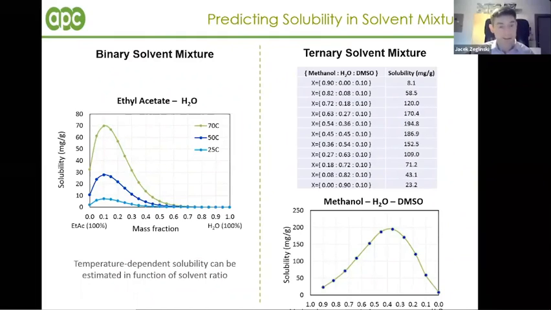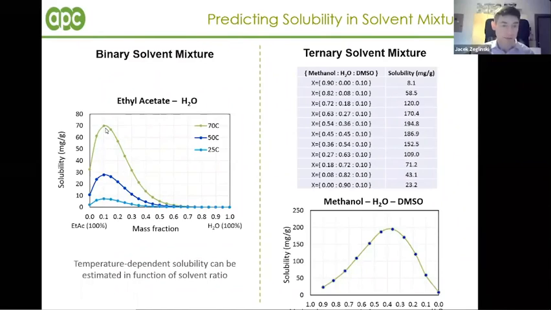And then I'm showing an example of a binary solvent mixture on the left-hand side. And here we can see the solubility is predicted for the mixture of ethyl acetate and water at different temperatures. As we can see, there is an increase in solubility for a certain ratio of the two solvents, and this is a synergistic effect on solubility, so an increase of solubility.